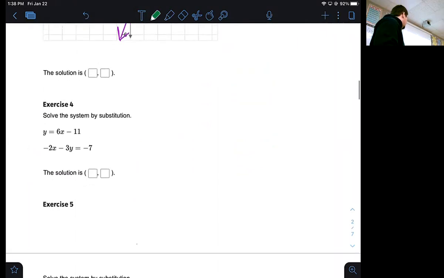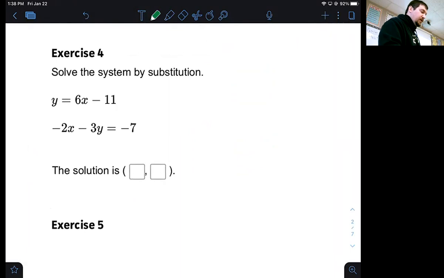Number 4. This one specifically says solve using substitution. So we're going to use substitution. The top equation is already solved for y. So we're plugging 6x minus 11 in for y, substituting it into the bottom equation.